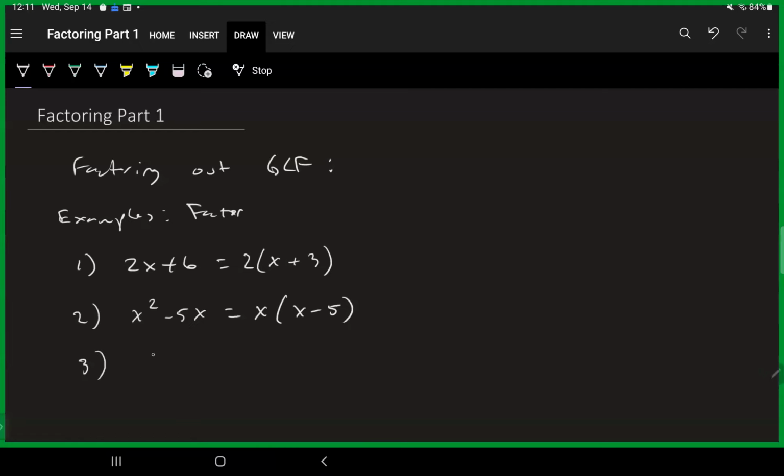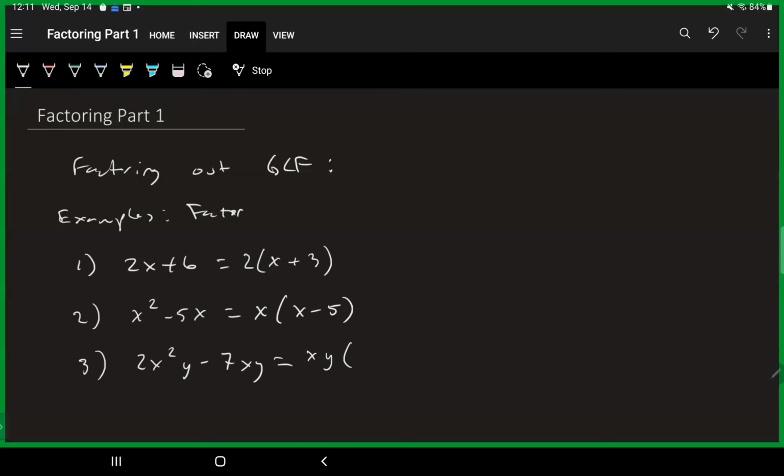A little bit more complicated. Let's look at 2x squared y minus 7xy. If I look at my coefficients, there's not much I can do with those, but I see x's in each one, so I know I can factor out at least an x. And I see a y in each one, so I can factor out a y.